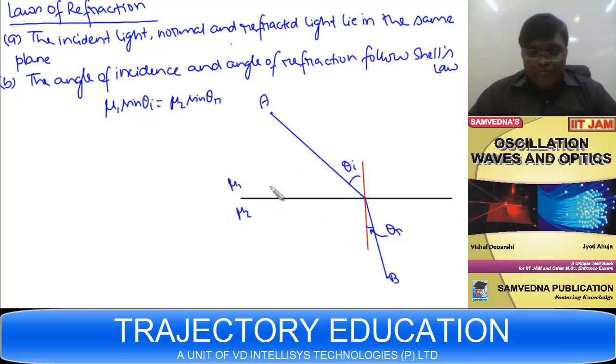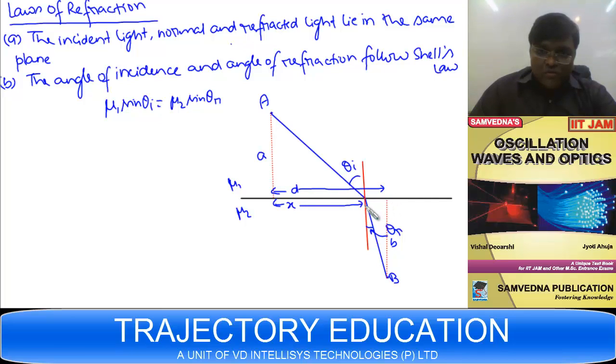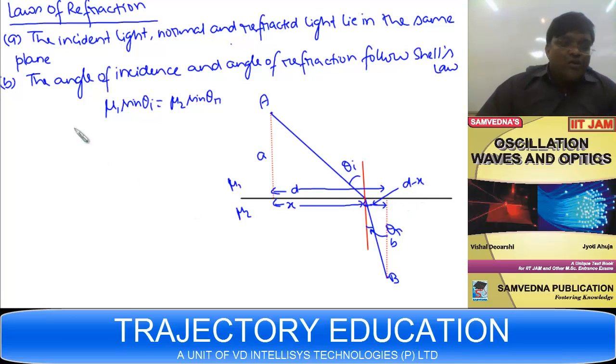So this is medium mu1, this is medium mu2, and let's suppose this is a and this is b. Let's suppose this is x and the whole length is d, so this will be d minus x.